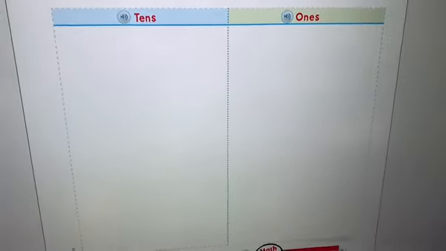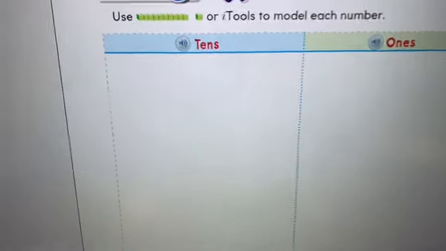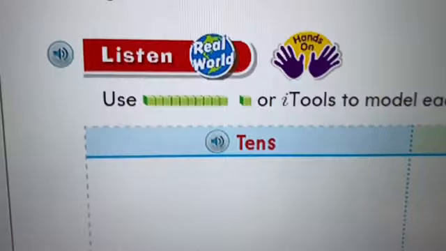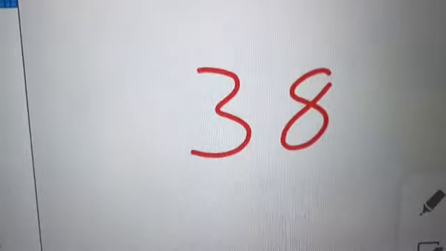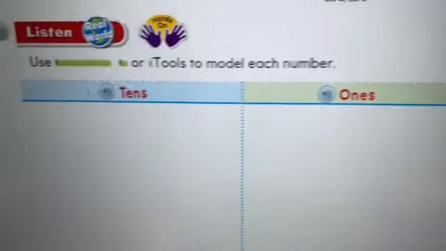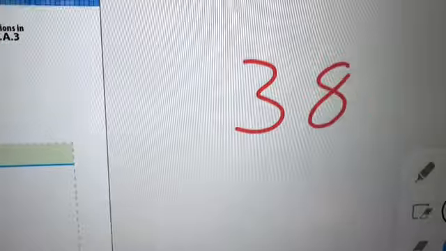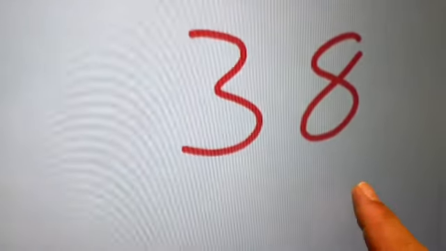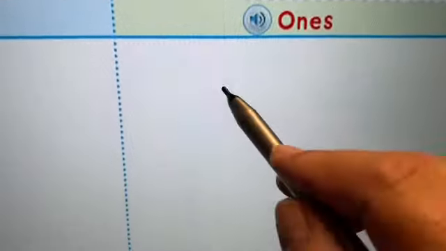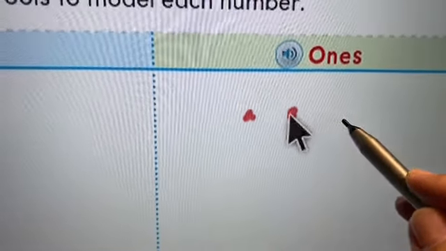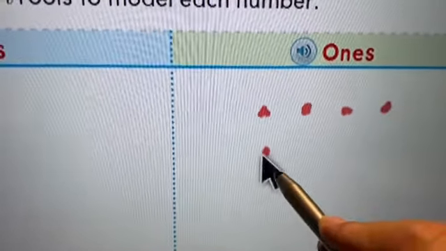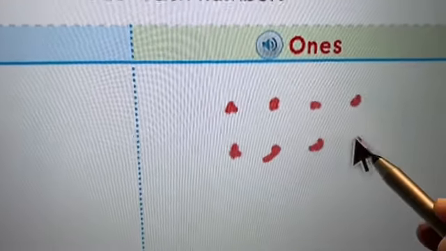Okay, so we're going to come down here and we're going to put 38, and we are going to use these counting cubes, or what we call base 10 blocks. So first off, you look over here. 38. What goes in the tens? What goes in the ones? Well, we know 8 is in the ones department, so I'm going to put 1, 2, 3, 4, 5, 6, 7, 8.